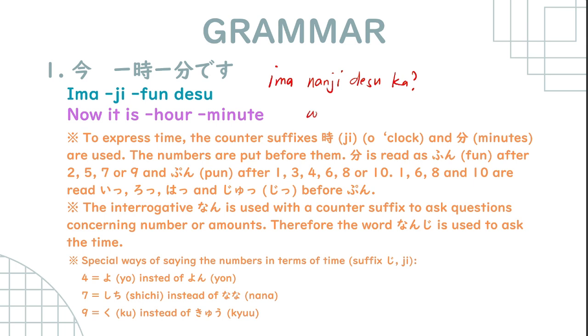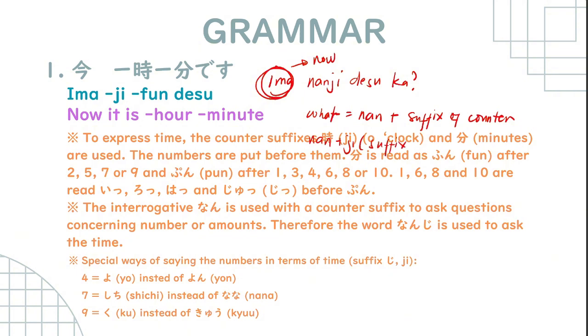So you use what, okay, what or nan plus the suffix of the counter. Ima means now. Okay, so now what time is it? So nan plus ji, which is the suffix for o'clock, equals what time?